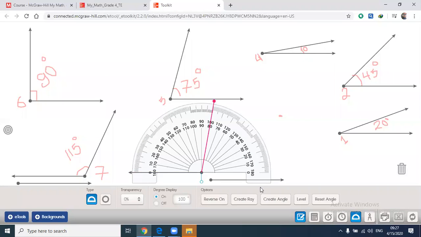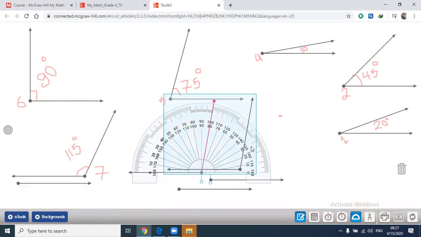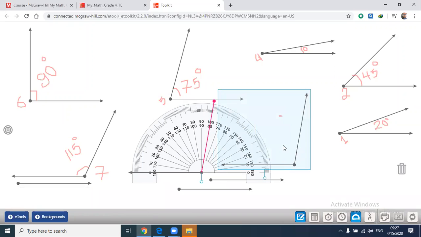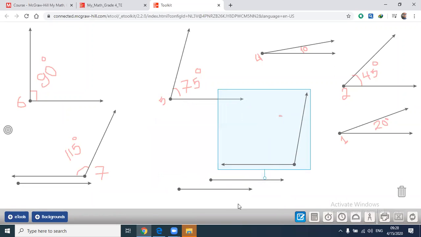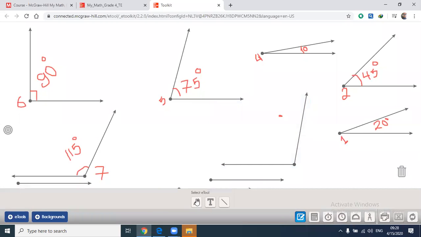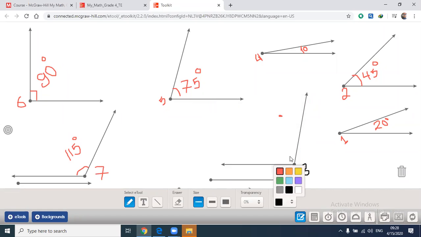So now I have the angle with 100 degrees. This is number 3, with measure 100 degrees.